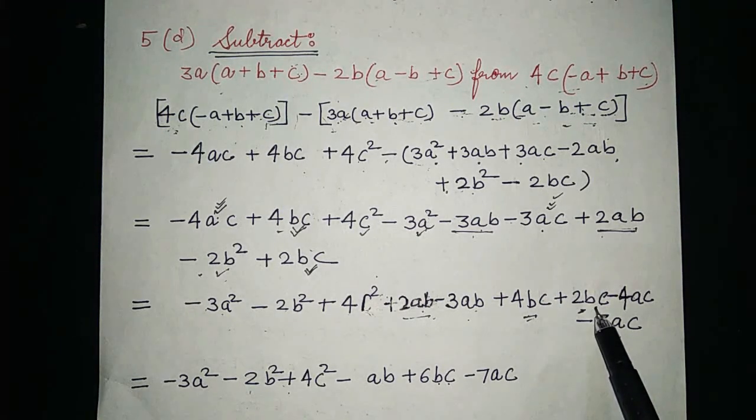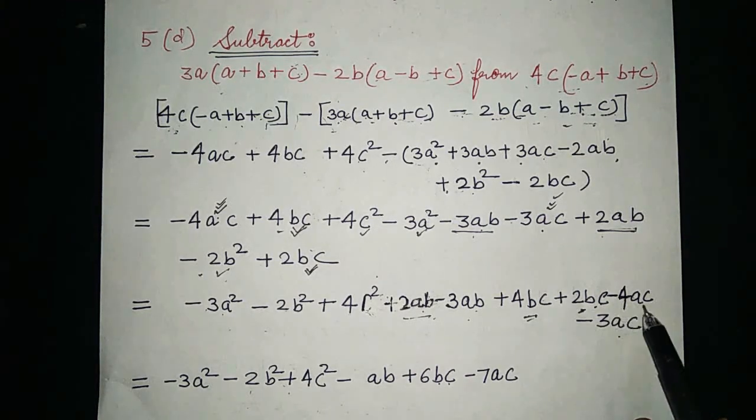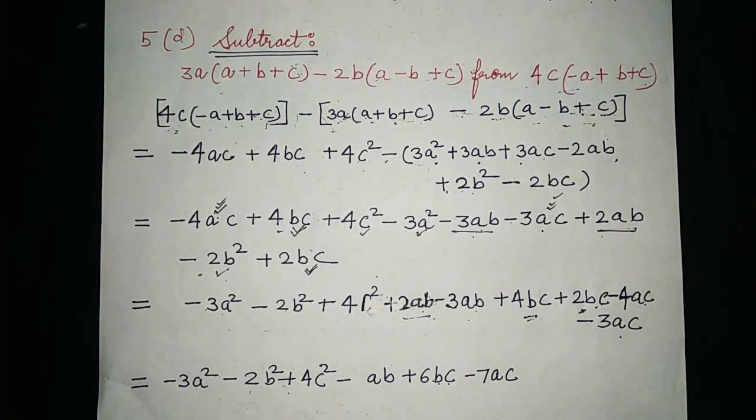Now this minus 4ac and minus 3ac, if we solve, we get minus 7ac. So the result of subtraction is minus 3a square minus 2b square plus 4c square minus ab plus 6bc minus 7ac.